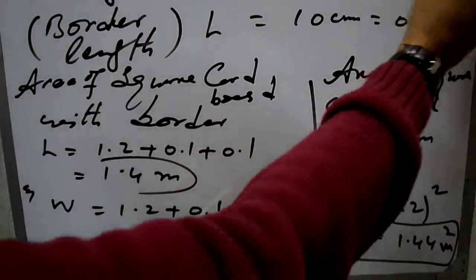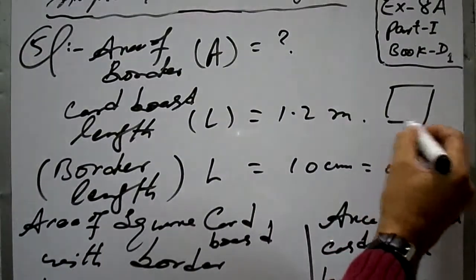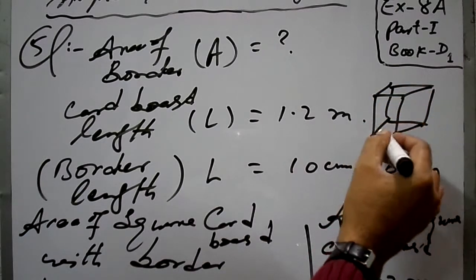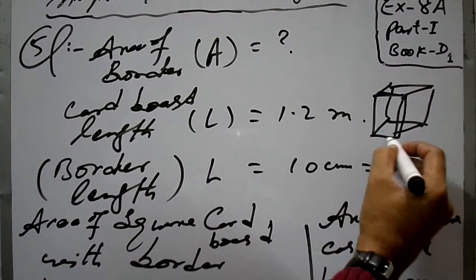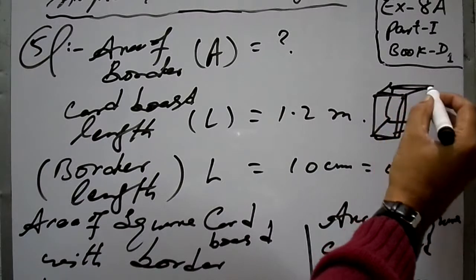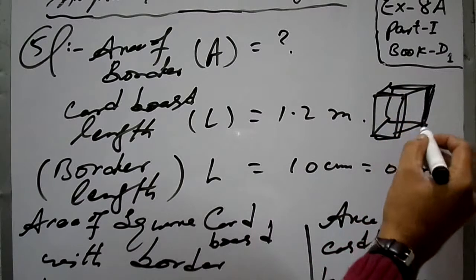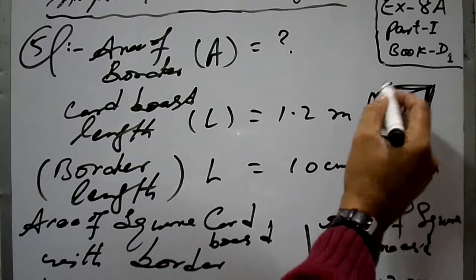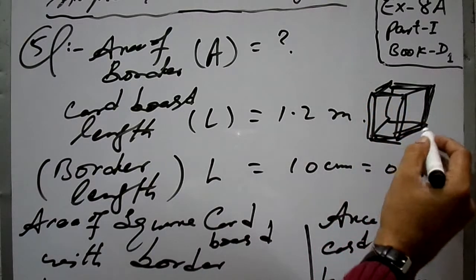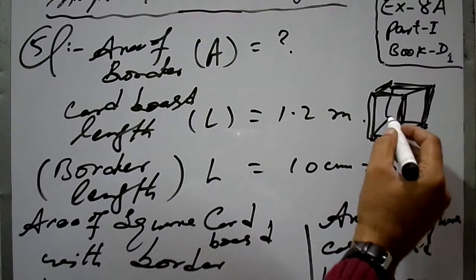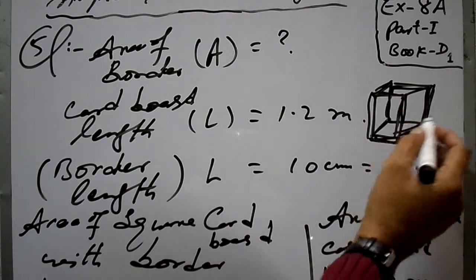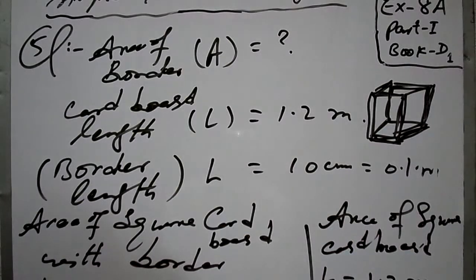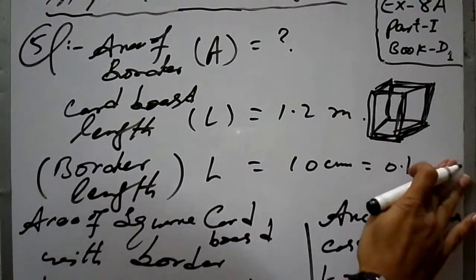So it should be noted. For example, you have a square that is like this, and you have a border like this. So this is the border of the square. Whenever a border is around the square, it should be added, because border is 0.1 meter.